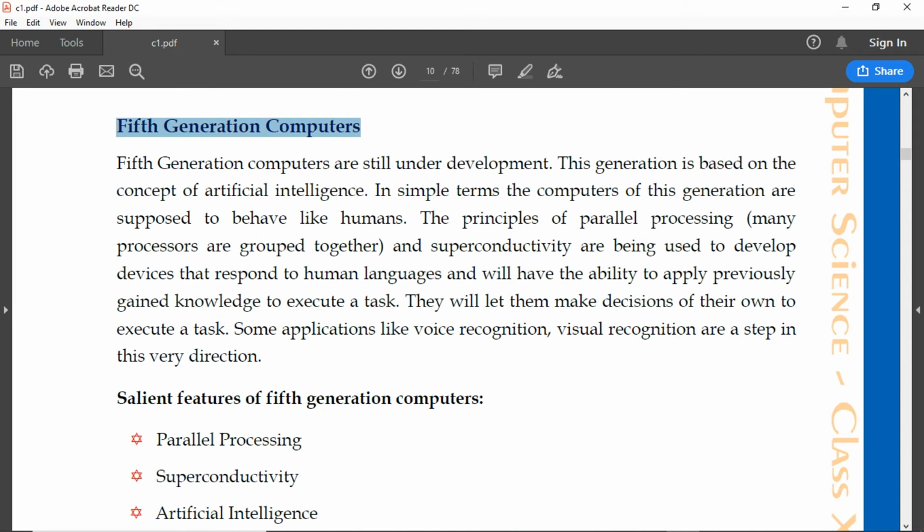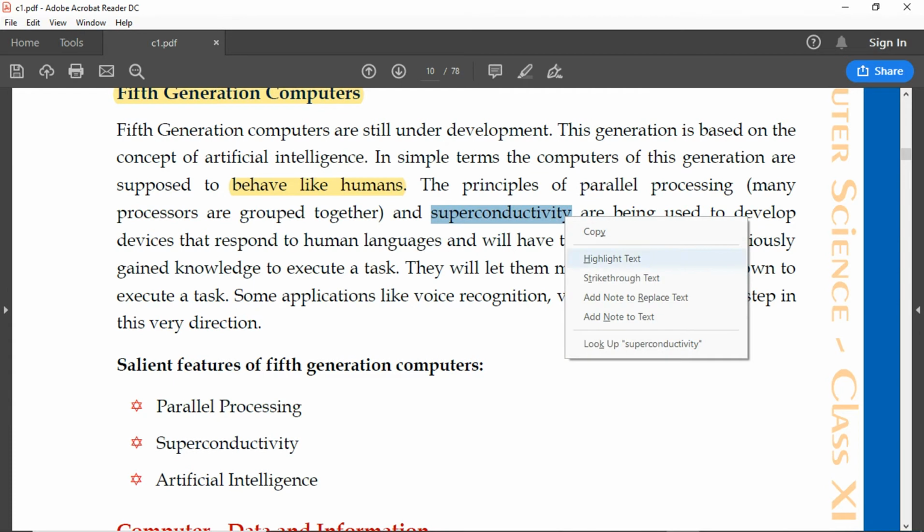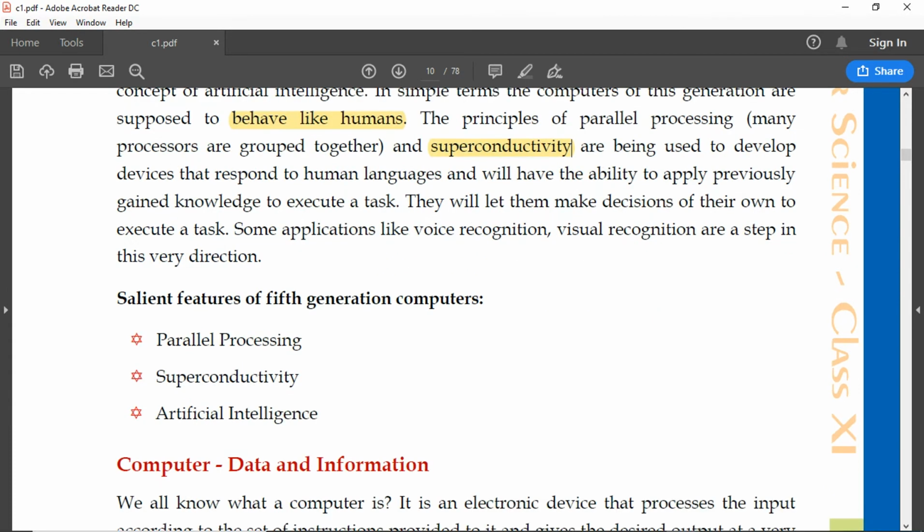Fifth generation computers. Fifth generation computers are still under development. This generation is based on the concept of artificial intelligence. In simple terms, the computers of this generation are supposed to behave like humans. The principles of parallel processing, where many processors are grouped together, and superconductivity are being used to develop devices that respond to human languages and will have the ability to apply previously gained knowledge to execute a task.